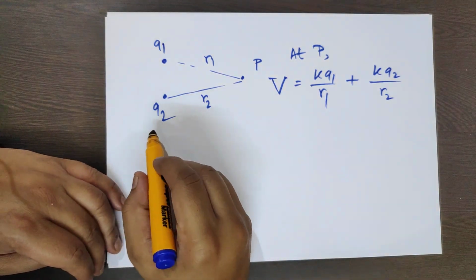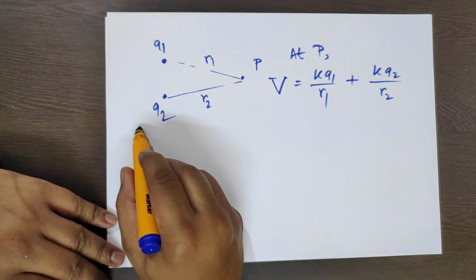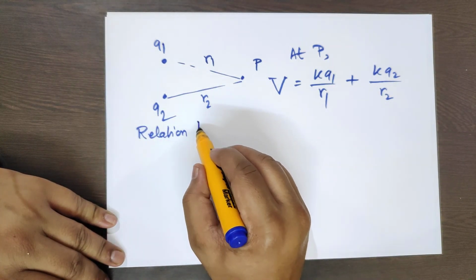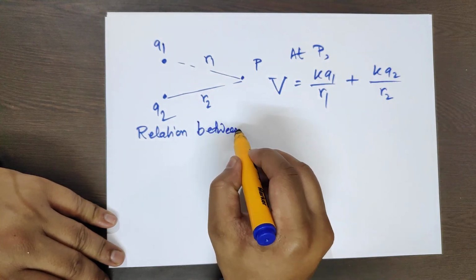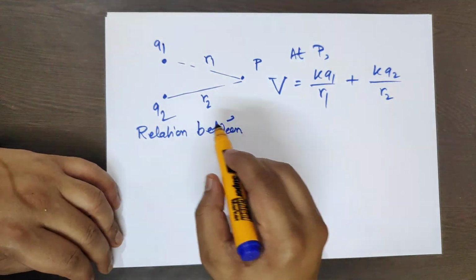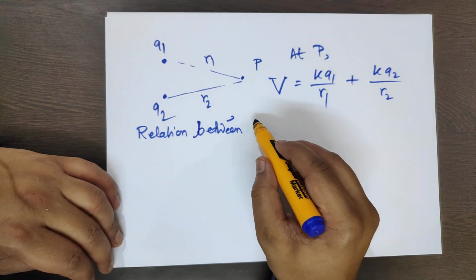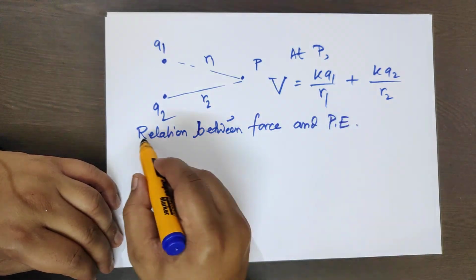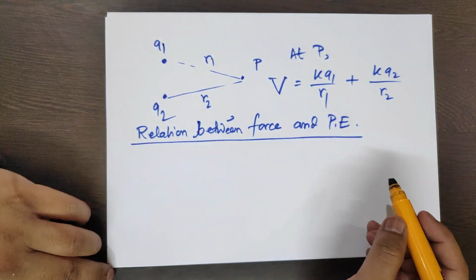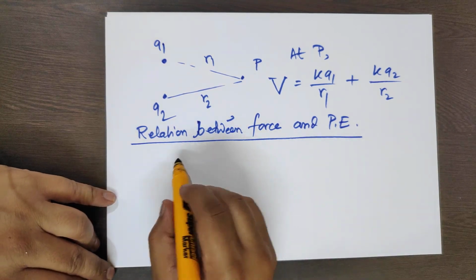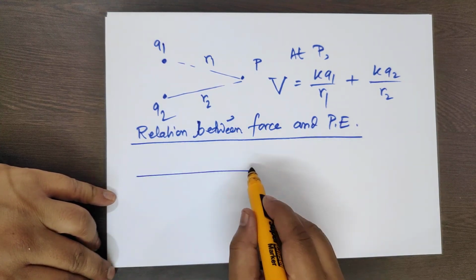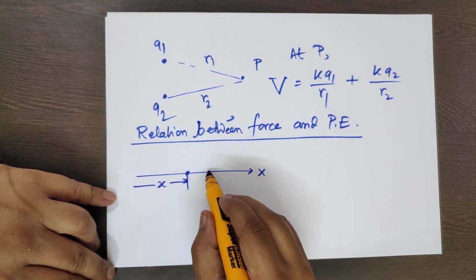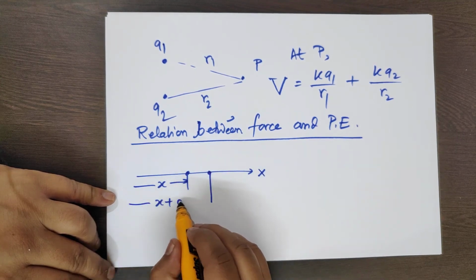Now, what is the relation between field and potential? For that we can first recall from our past knowledge the relation between force and potential energy. Obviously, the integral form we have seen, but for the differential form, suppose this is the x axis, this is x and this is x plus dx.